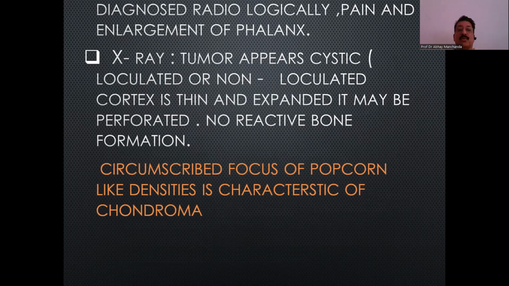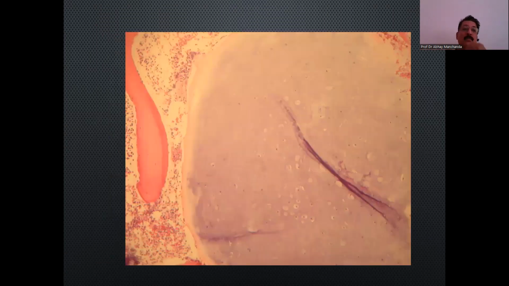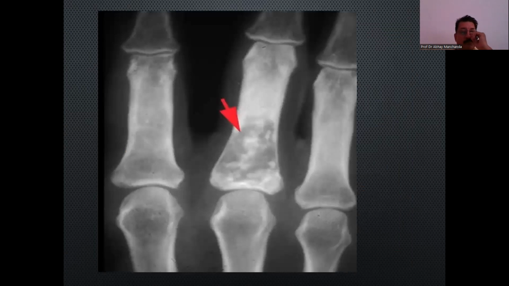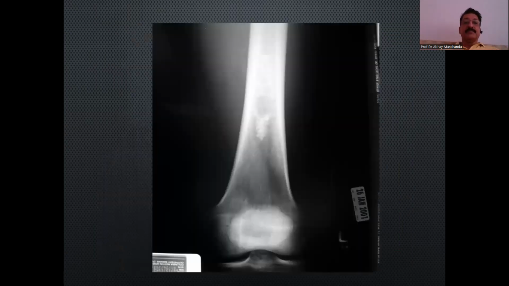A circumscribed focus of popcorn-like density is a characteristic of chondroma. So if you find those popcorn-type lesions, you must think of chondroma. These are the popcorn-like cartilage lesions which help you to think of enchondroma.